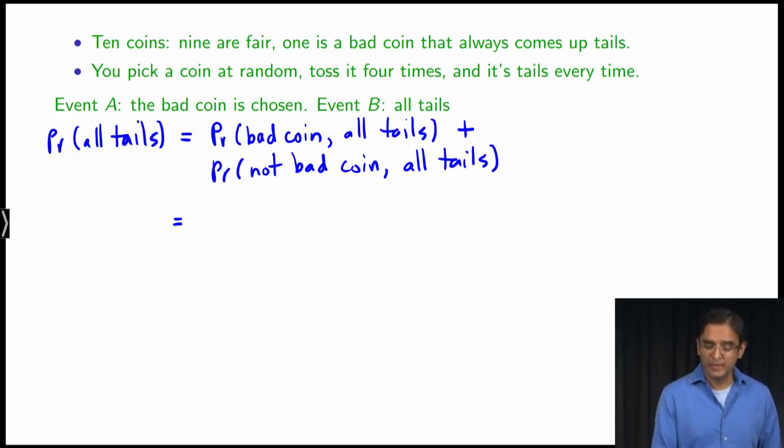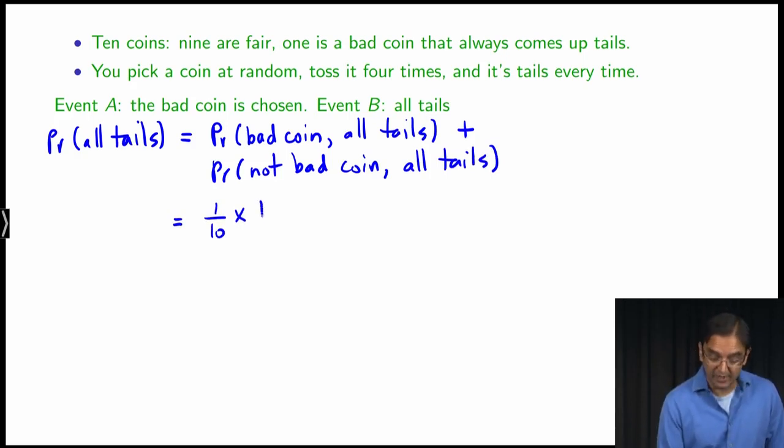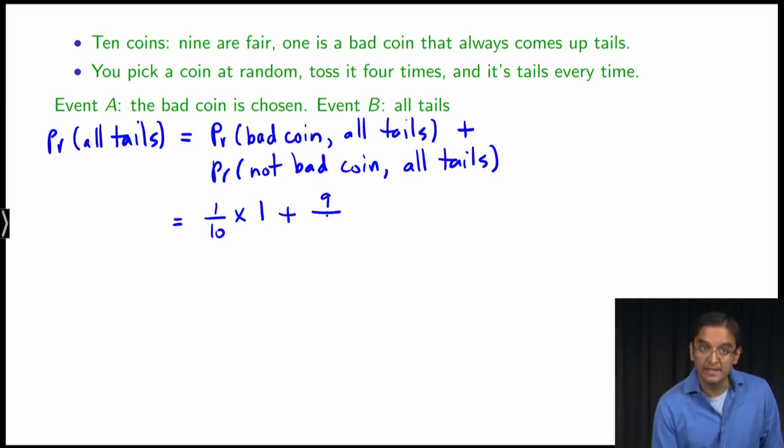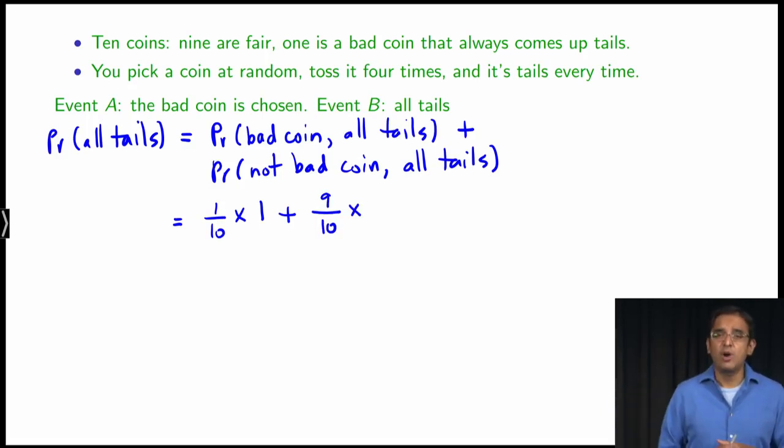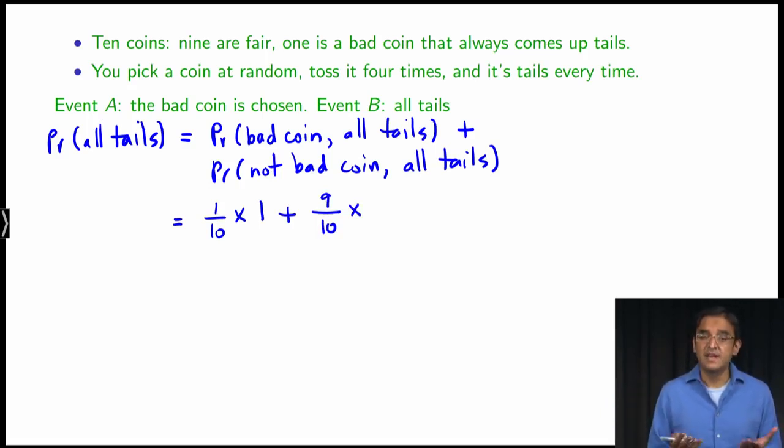The probability that we get the bad coin is 1/10. If we get the bad coin, the probability of all tails is 1, because the bad coin always comes up tails. The probability that we don't get the bad coin is 9/10, because there are 9 good coins. And if we have a fair coin, the probability of getting 4 tails in a row is a half times a half times a half times a half. So it's 1/16.